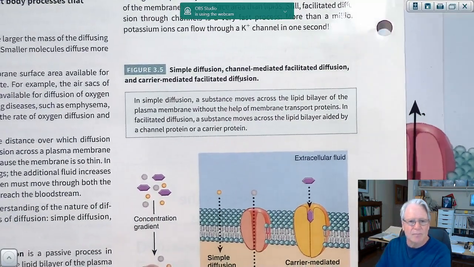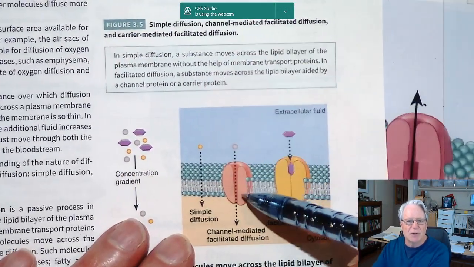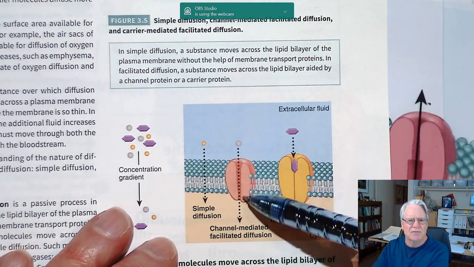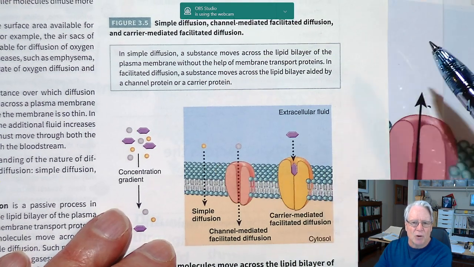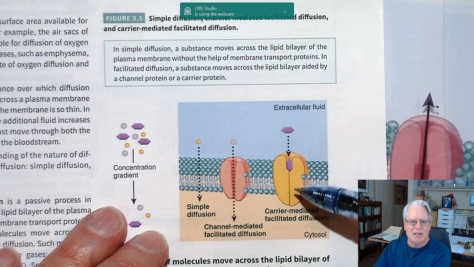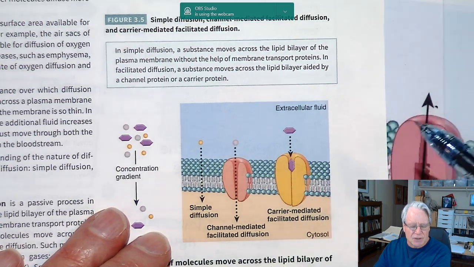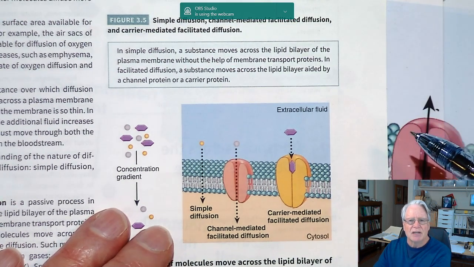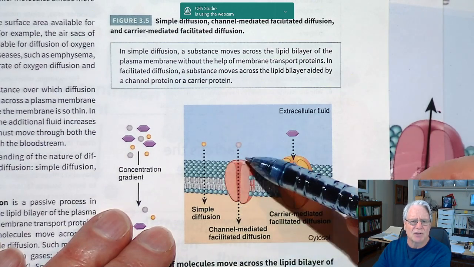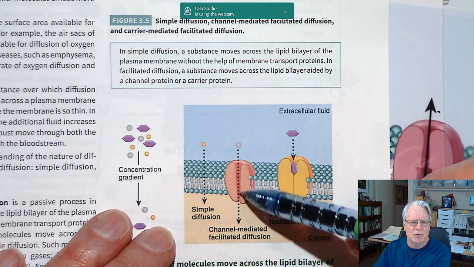So we can use a protein, and this would be channel-mediated facilitated diffusion. Or we can use a carrier protein. So this would be carrier-mediated facilitated diffusion. So these are all examples of facilitated diffusion.